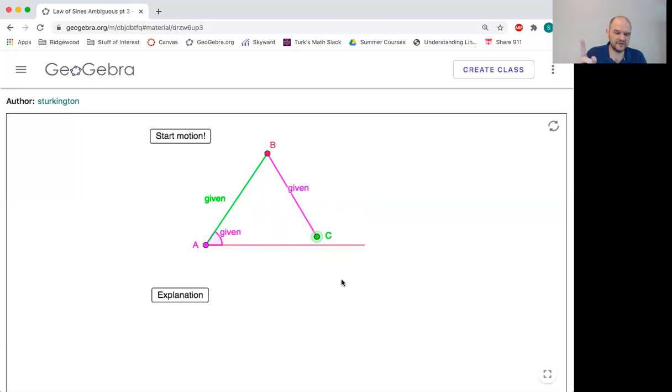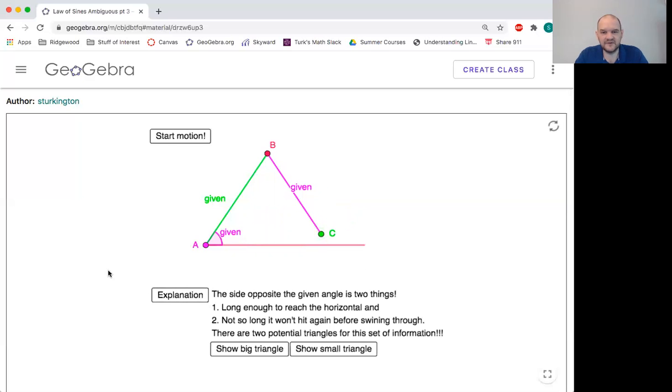If yes, 1 triangle. If not, calculate the height. Is it bigger than the height? If the side opposite is bigger than the height, 2 triangles. If it's smaller than the height, no triangles. And that's it. I'm going to come back in the next video, and you can play around with this until you totally make sense of it.